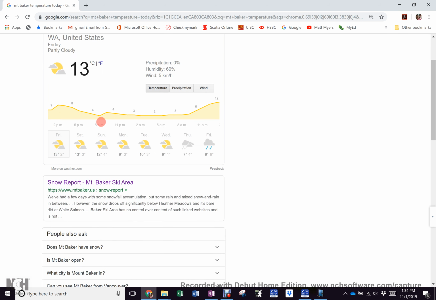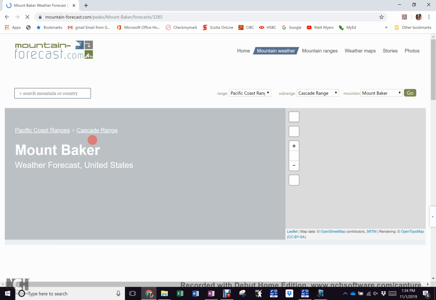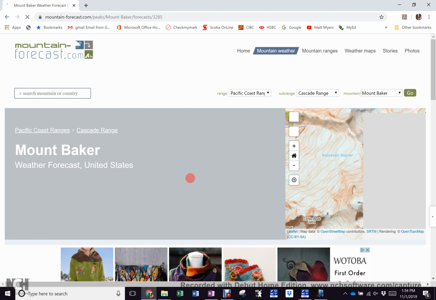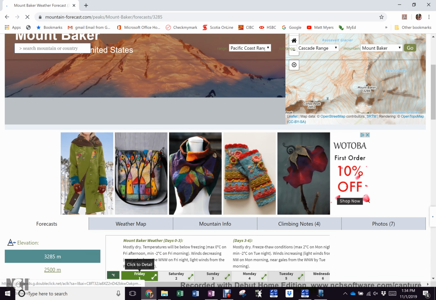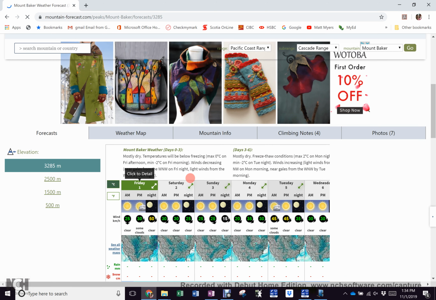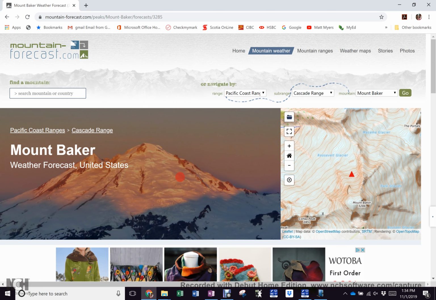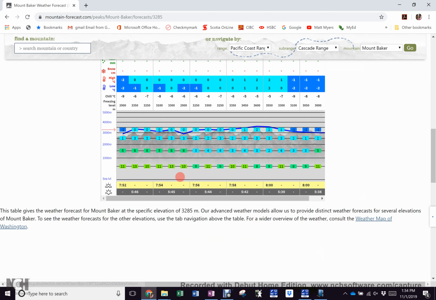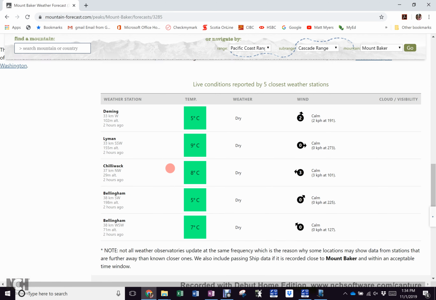You know, okay, search up temperature of Mount Baker. Ah, there we go. Mountain forecast. 15. 14. -2 is the forecast. Oh, wait. Deming, still down at the ground.